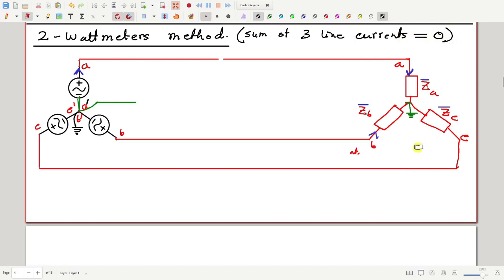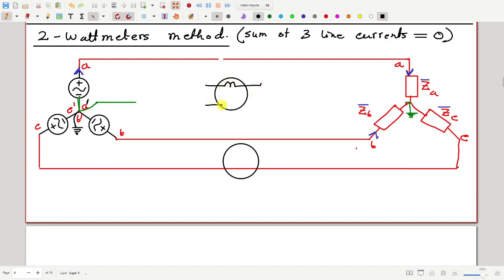Now listen very carefully how I am going to connect the 2 wattmeters. First let me draw 2 wattmeters. They will have 2 coils each.